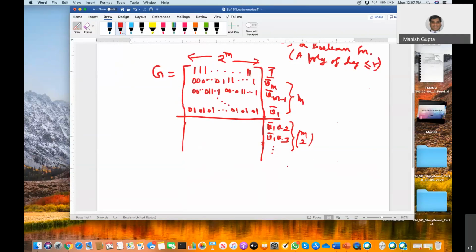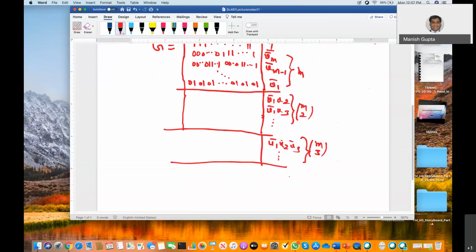You can choose two vectors at a time, and we can continue this way. Then we can take 3 at a time, v1 v2 v3 and so on. So there will be m choose 3, because out of m vectors we have to choose 3 and multiply them. Finally we are left with multiplying vectors, say v1 v2 ... vr, r at a time. So these are m choose r.